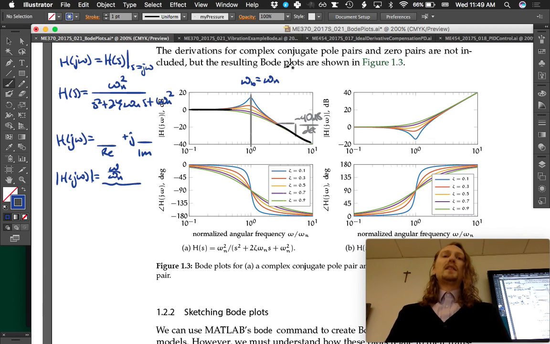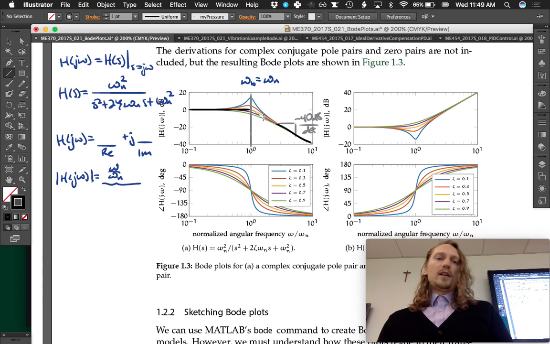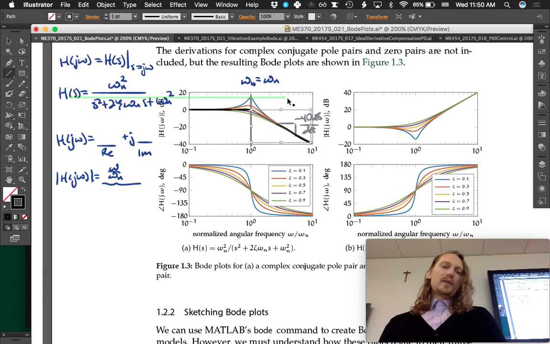If we're going to sketch this, we could say that it's approximately a straight line at all frequencies below the break frequency. And it's approximately a straight line for all frequencies above, but at negative 40 dB per decade.